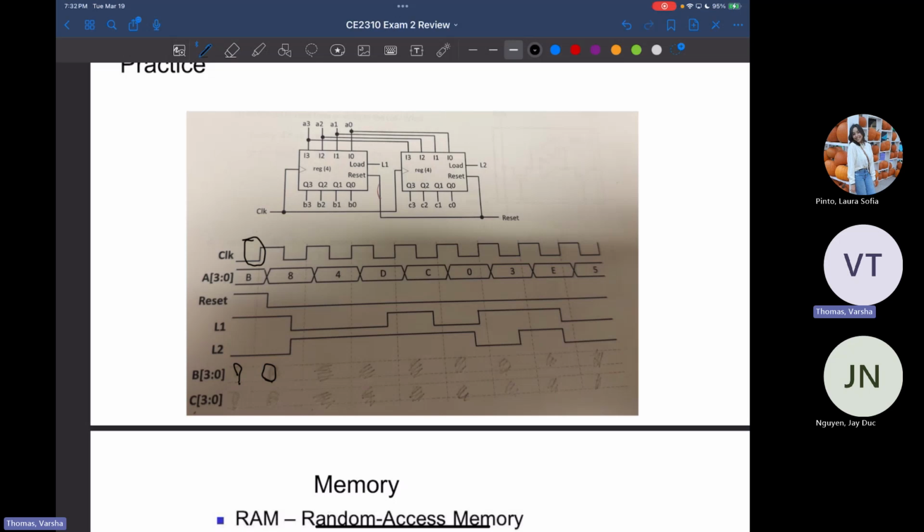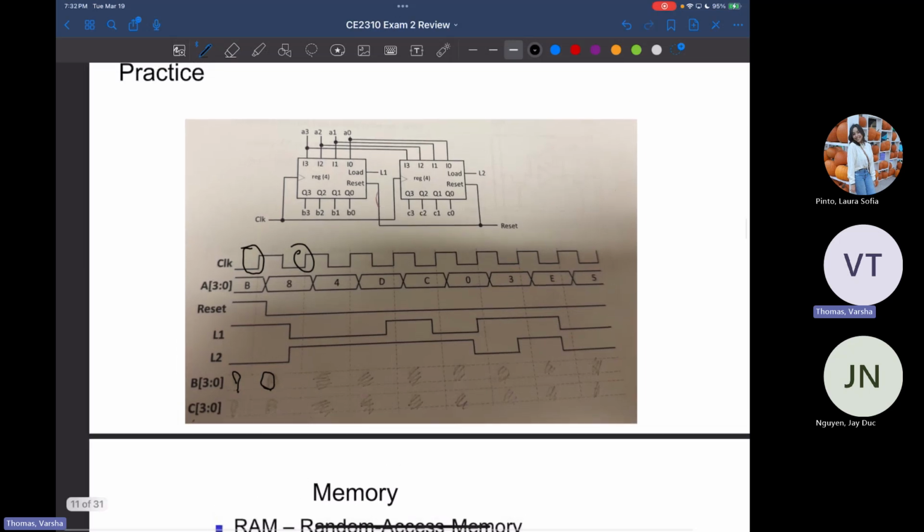And we'll be moving on to the next rising edge. Next rising edge, we're gonna look at the input. We see that input is 8, reset is 0, so we're good to go.